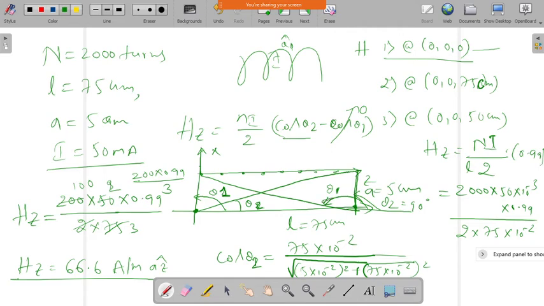So this theta 1 is nothing but 90 plus some angle, since we know this A and L, so this we completely know. Or we can have 180 minus theta 1 and we are able to find this out.